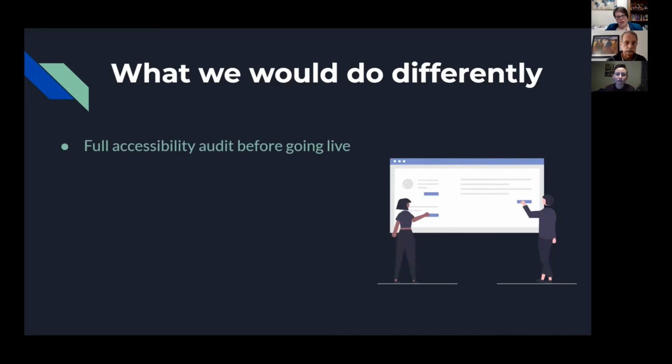Also, we ended up doing a full accessibility audit with Oklahoma Able Tech after we went live with the new site. And we should have done that before we went live. We did do a lot of accessibility work on our own before we did the audit, but when you do a full audit, it's going to uncover a lot of stuff that you miss.